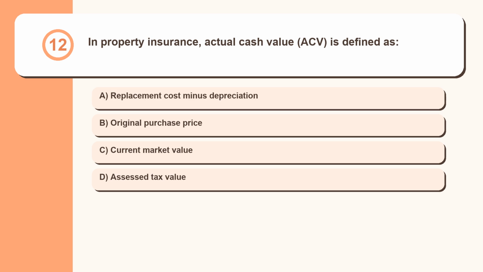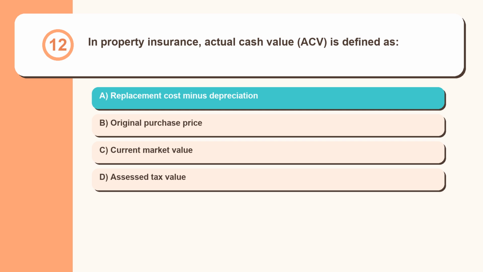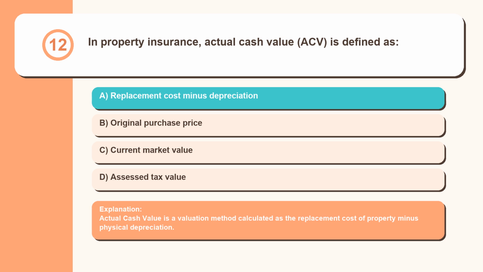In property insurance, actual cash value, ACV, is defined as: replacement cost minus depreciation, original purchase price, current market value, assessed tax value. Actual cash value is a valuation method calculated as the replacement cost of property minus physical depreciation.